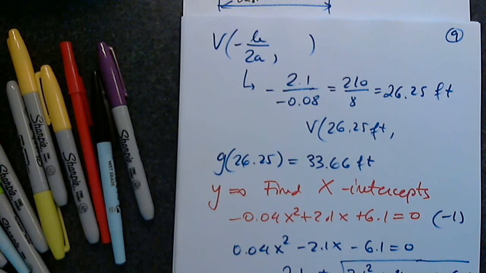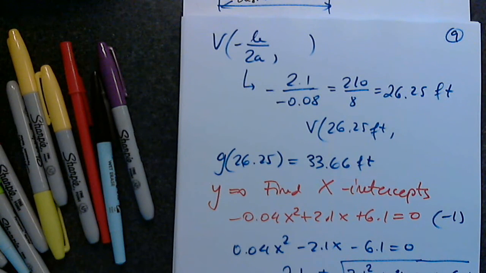And I will put everything in the graphing calculator at once. I will not calculate step by step, please. So don't forget parentheses around the top. So parenthesis 2.1 plus the square root, parenthesis again, 2.1 squared, and then plus 4 times 0.04, which is 0.16, and then multiplied by 6.1.